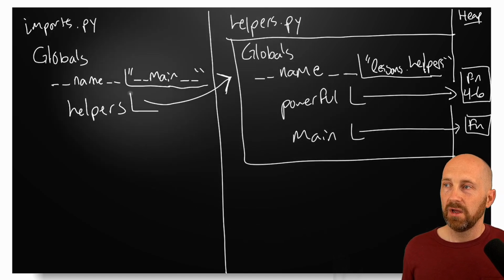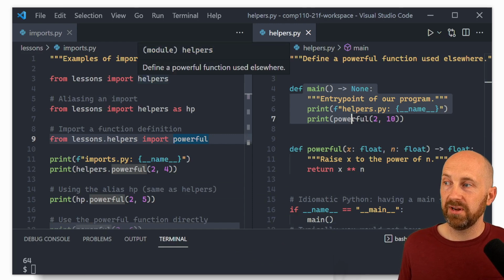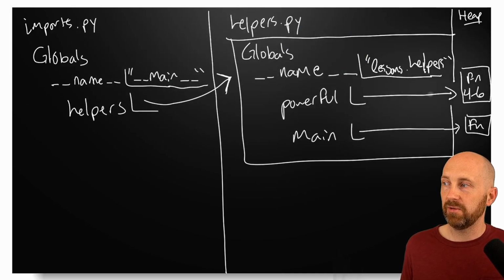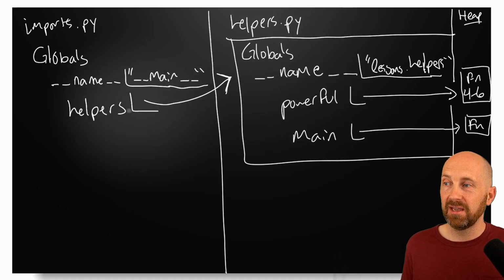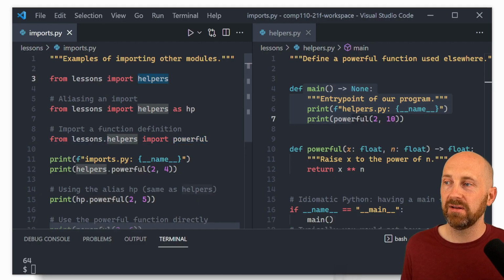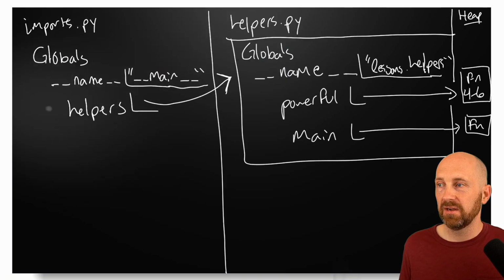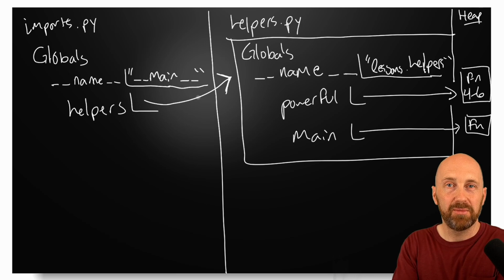All right. So what happened when we imported the helpers module? Python went and loaded this module. Everything that was left in its globals frame is what we have access to through the helpers import here. Now, when we aliased, when we did this style of import, because we had previously imported this module before, Python doesn't go and import it again.